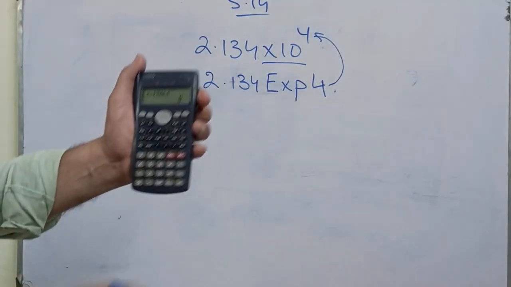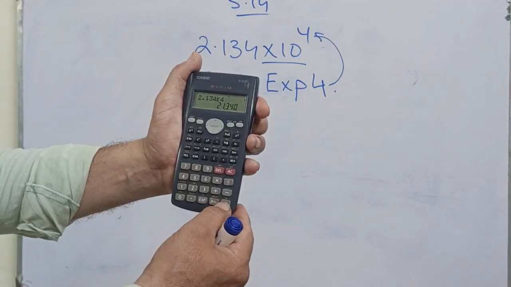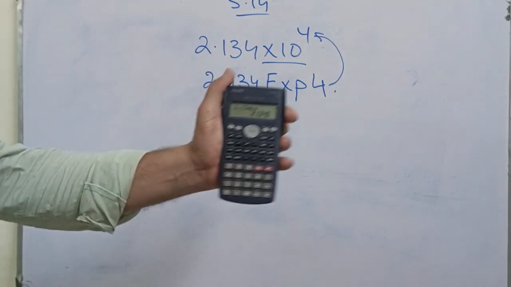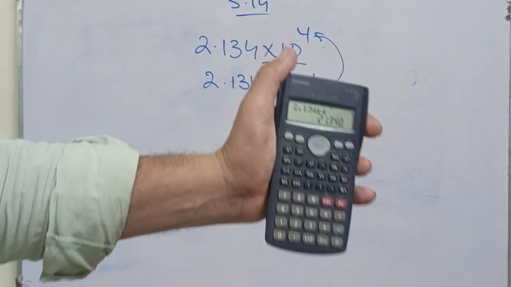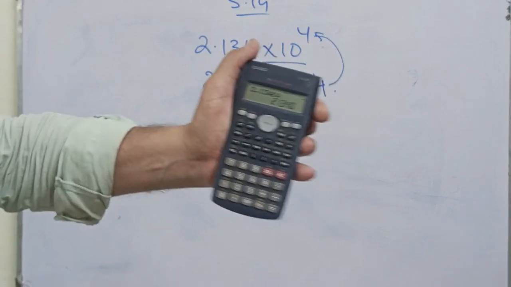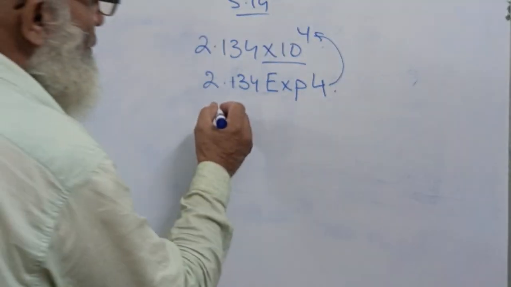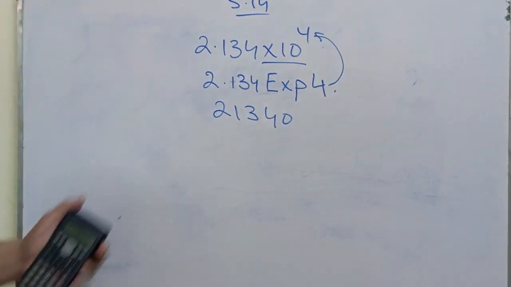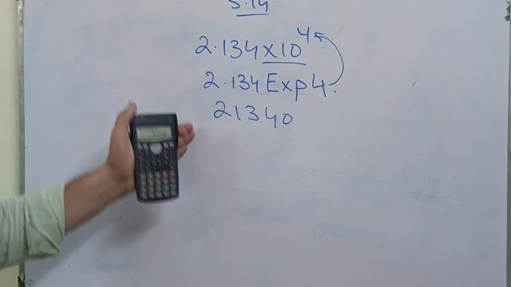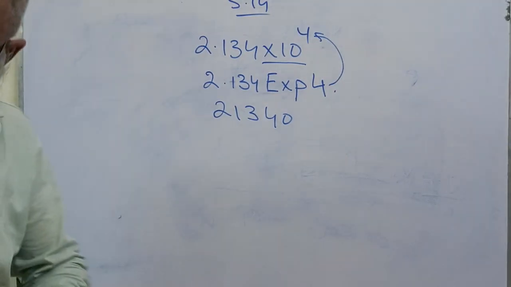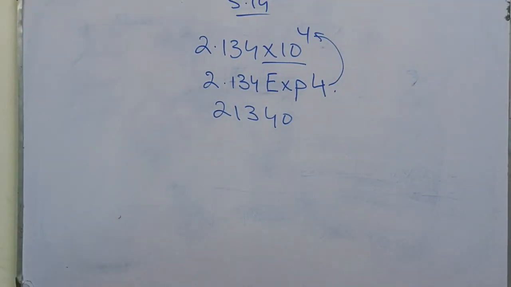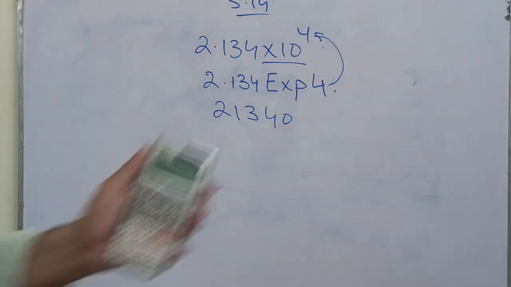Now if I press the equals button, see what I have here is 21340, which is the right answer for this. Now if I switch off the calculator, this is another calculator.